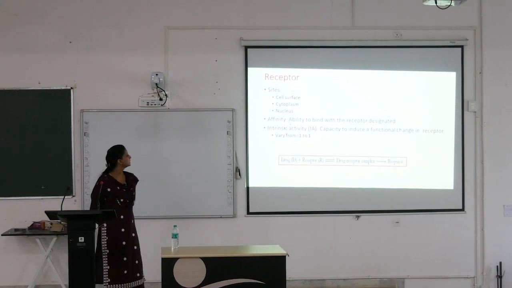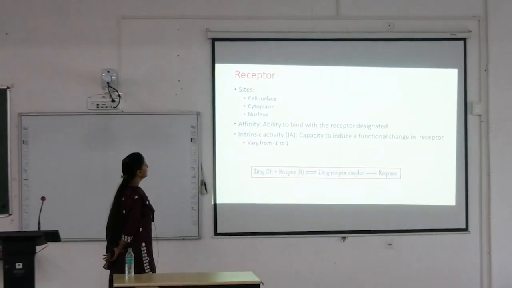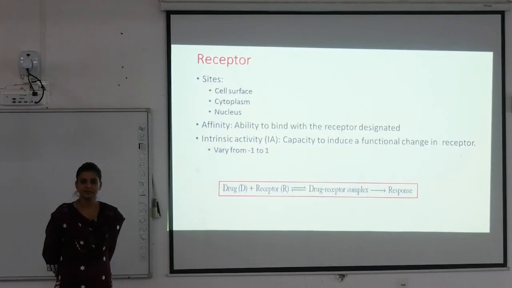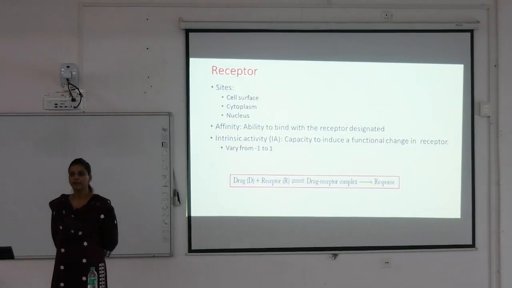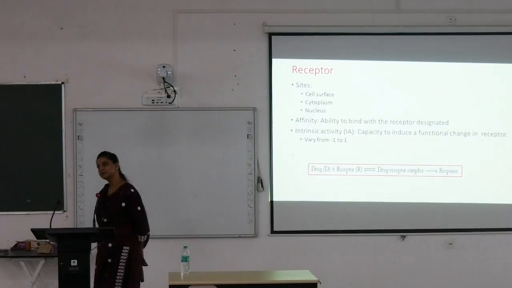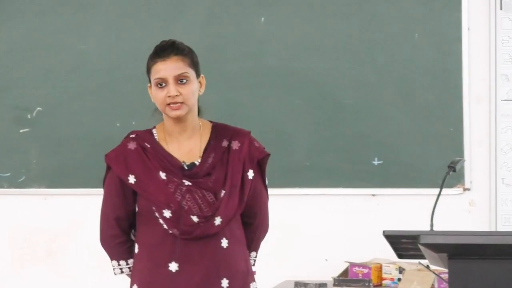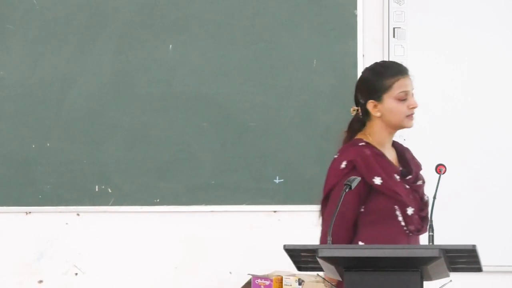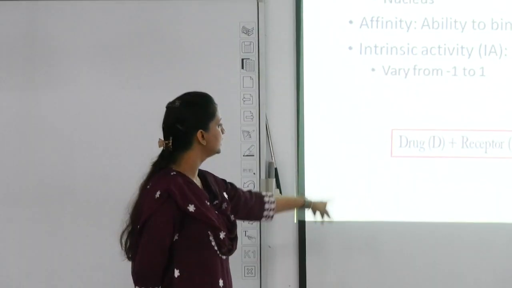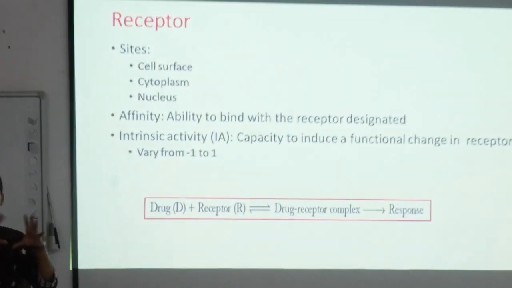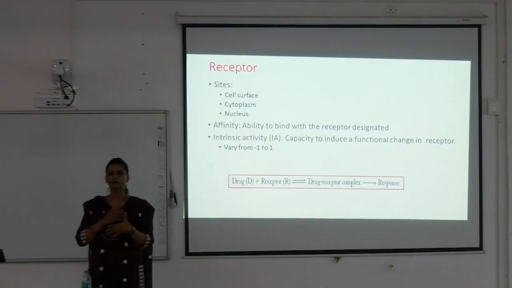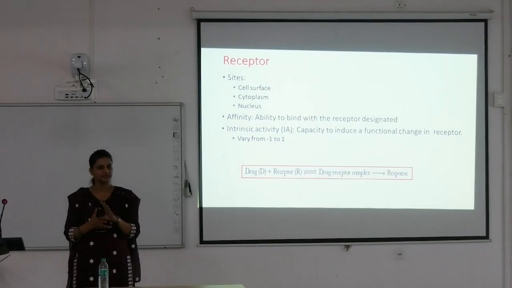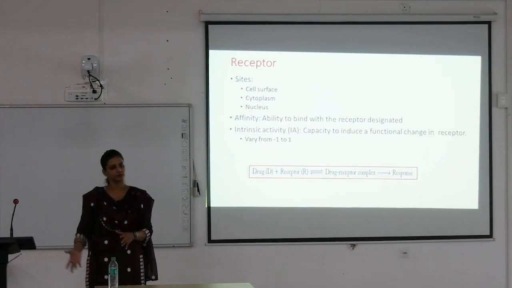Cell surface and nucleus. I have told you the definition of affinity, intrinsic activity. Affinity means everyone has it, whether it is agonist, antagonist, inverse agonist or partial agonist. Will everyone have intrinsic activity? No, depending on what it is. This definition was given by the class theory, drug-receptor complex response. On the basis of the transducer mechanism, if changes occur, the response will be obtained. Okay?